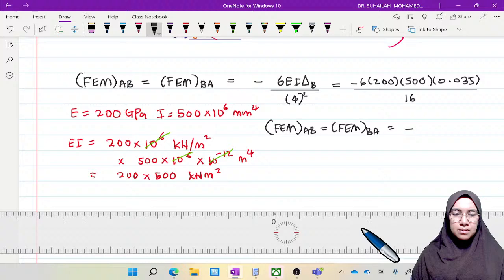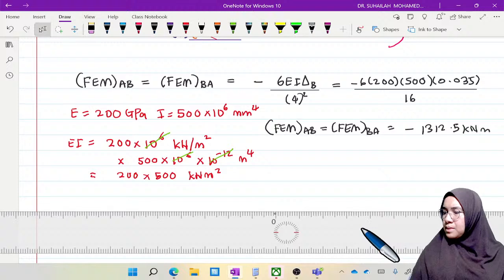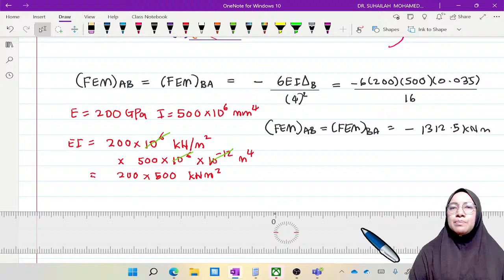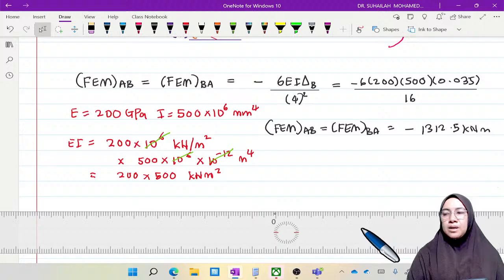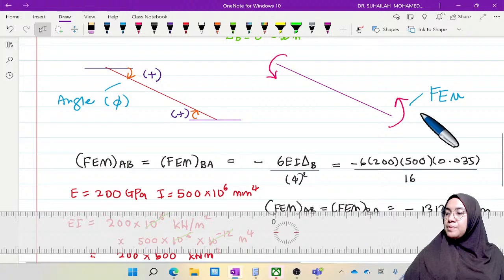We get 1312.5 kilonewton meter. It is negative, representing this behavior.